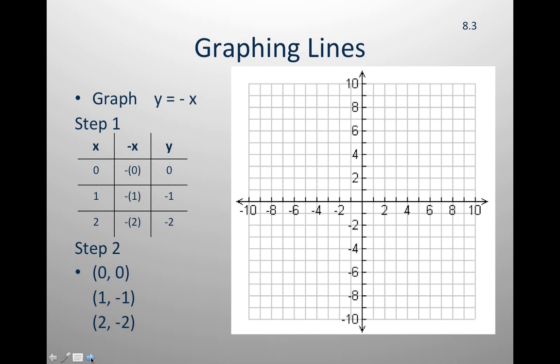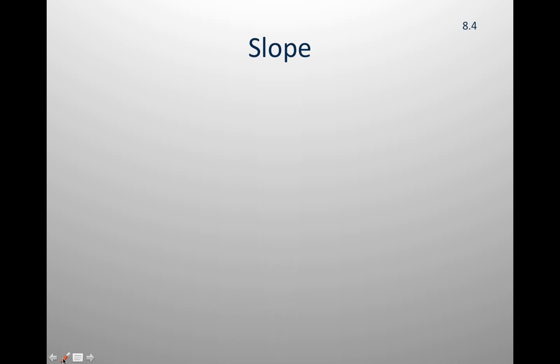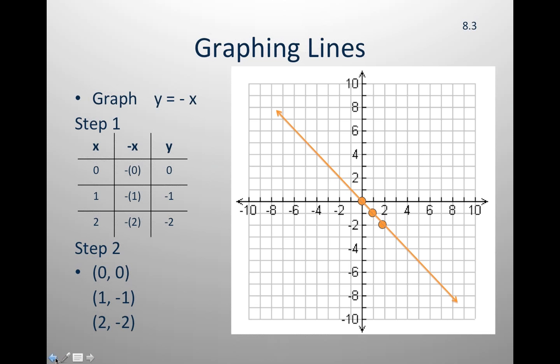Okay, so we'll plot those points. Let's go back and look at it closely. When we plot the points, we can see our values for x and y on our graph. It takes 3 points to graph. You've got 2 points that you need, and then another as a checkpoint.